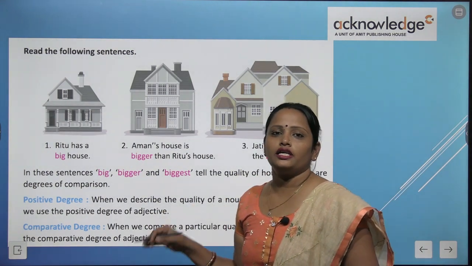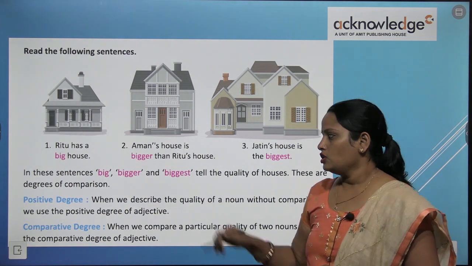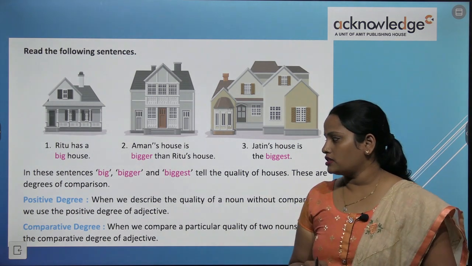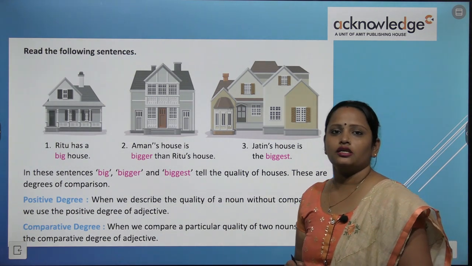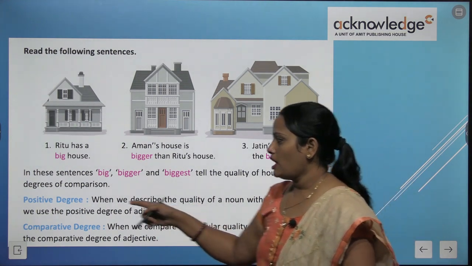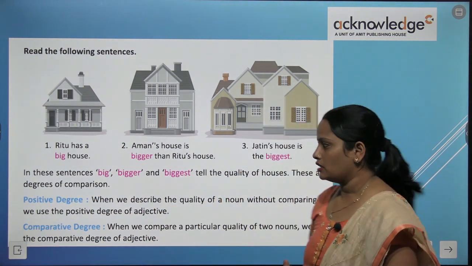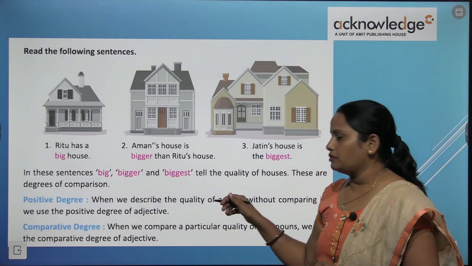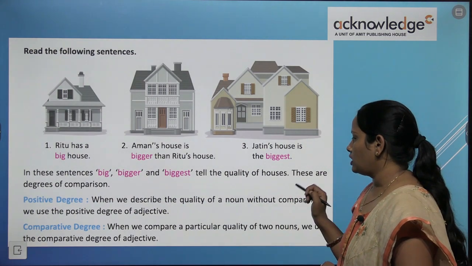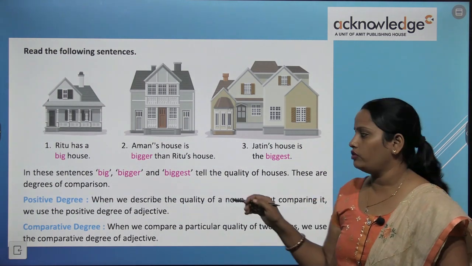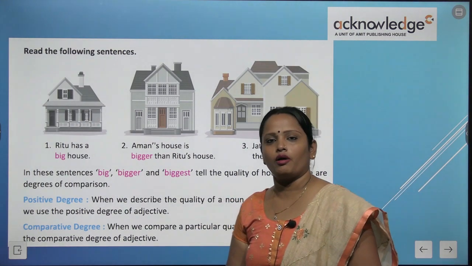These are degrees of comparison. The degrees of comparison are divided into three parts. The first one is written here and that is the positive degree. When we describe the quality of a noun without comparing it, we use the positive degree of comparison.